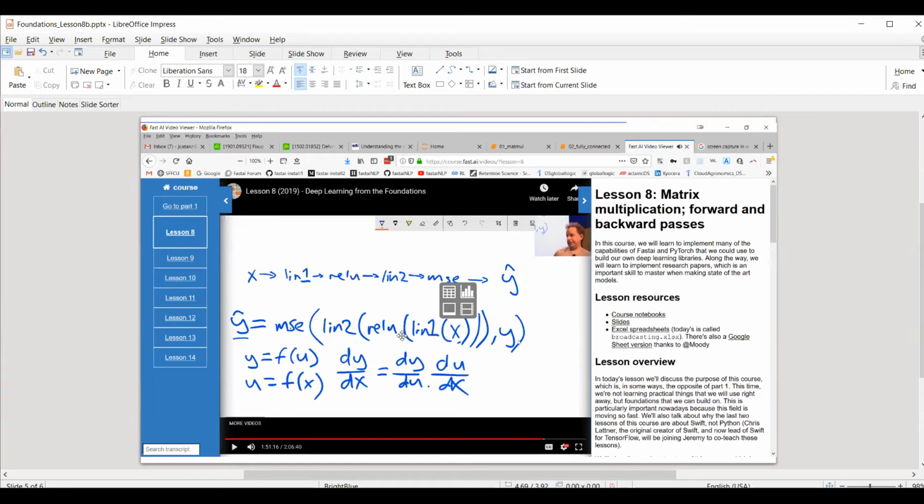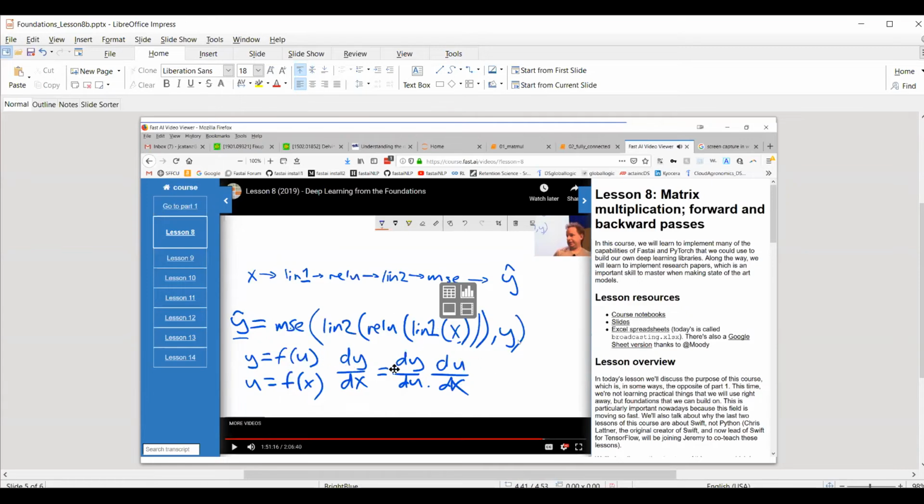And then the next step would be to take the derivative of the mean squared error with respect to lin2, and then you'd have three terms. It would be dy dx, dy du, du dx, then you'd have dx dv, the third layer.